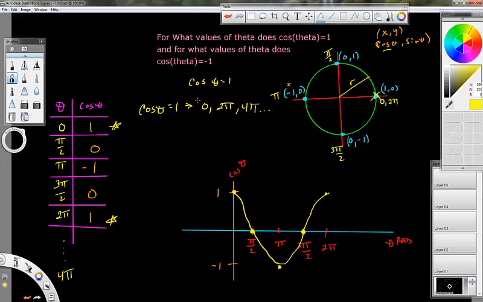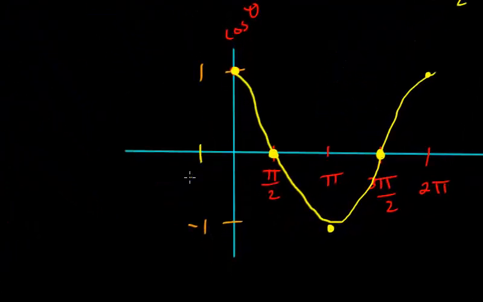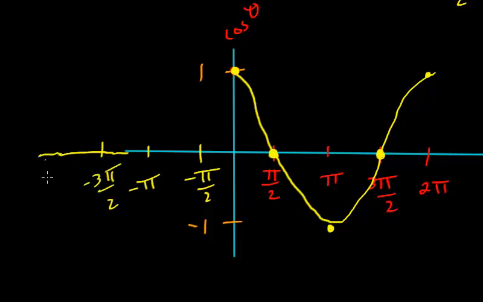It would also be equal to the negatives. Because remember, people, this continues in the negative direction as well. This would be negative pi over 2. We haven't really talked about that part yet. Negative pi, and this would keep going. This would be negative 3 pi over 2 and negative 2 pi.